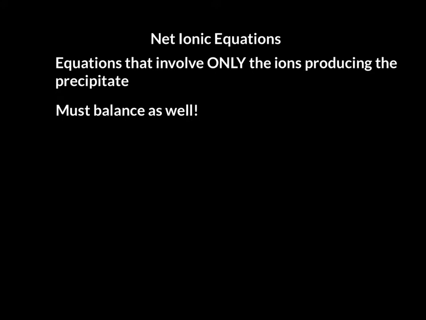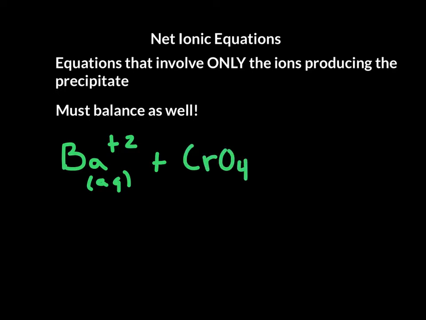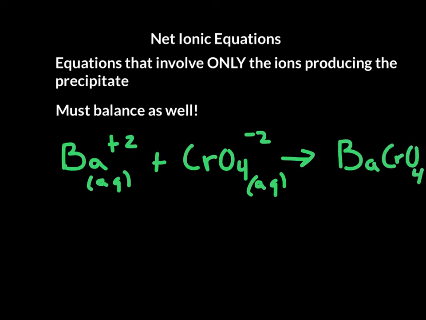We know that our barium ion was aqueous in solution initially, and it combined with our chromate ion, also aqueous, to produce our barium chromate precipitate.